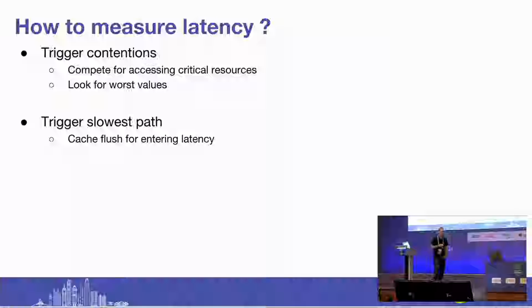We also want to make sure that we trigger the slowest path for each step, like flushing the cache. If you flush only one line or all the lines of your cache, the duration will not be the same. So we want a use case where we flush all of the cache, or at least most of the cache.